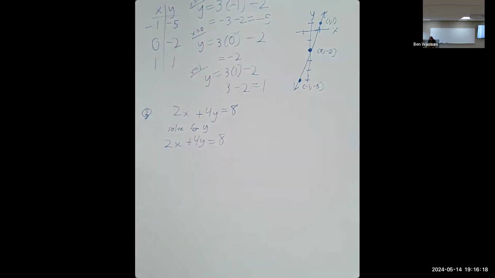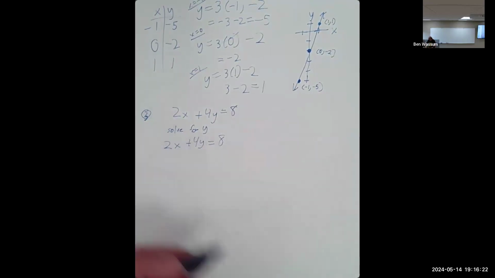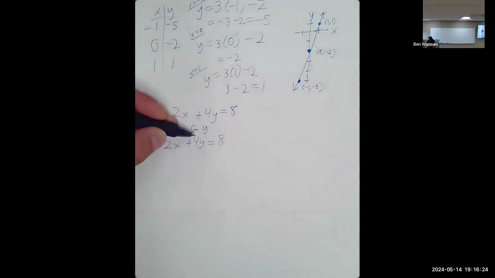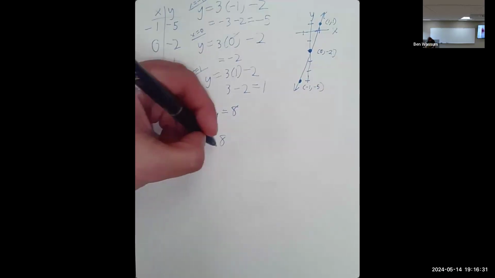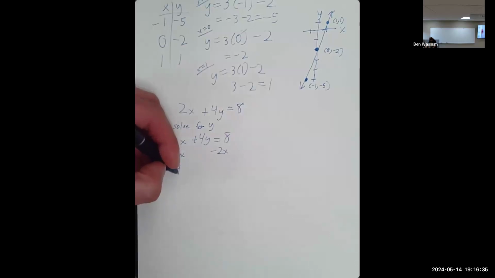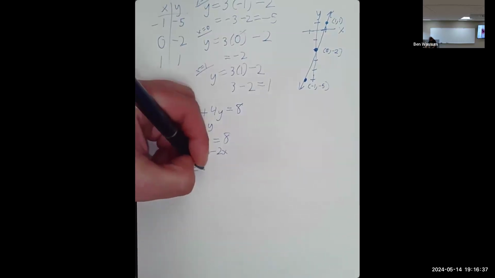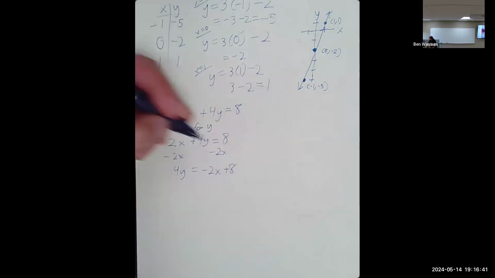How am I going to do that? Well, I'm just going to move away everything on this side that isn't y. I can't divide by 4 yet because of this 2x, so I'm going to subtract the 2x off. So we have 4y left over here, equal to minus 2x and a positive 8.